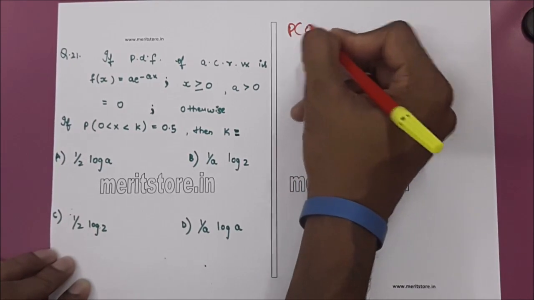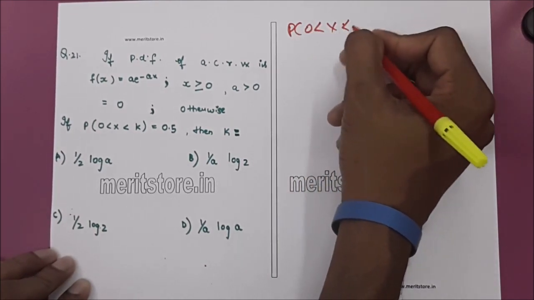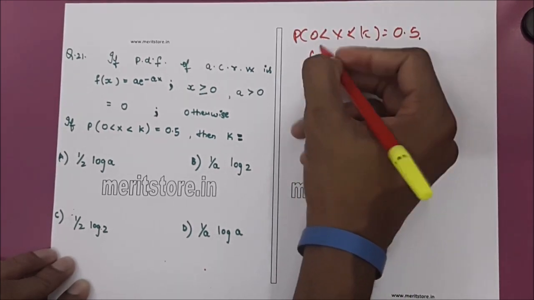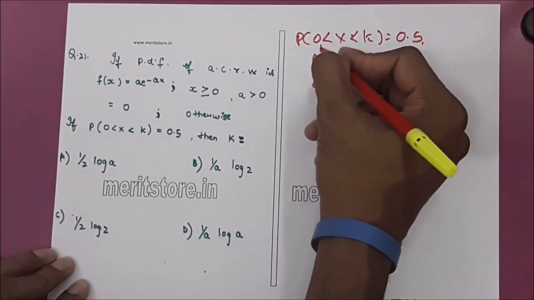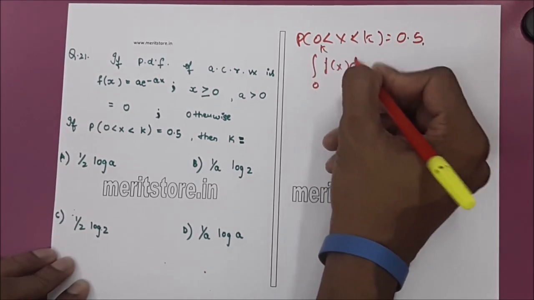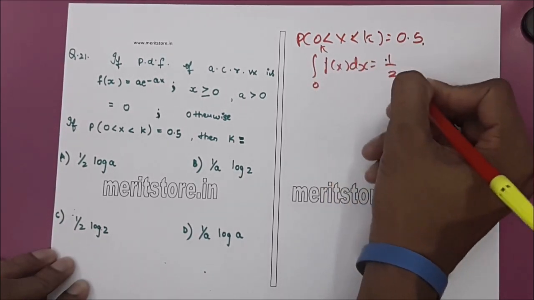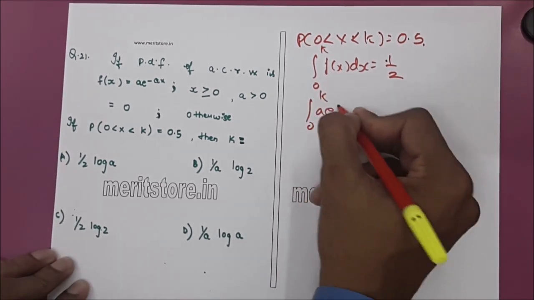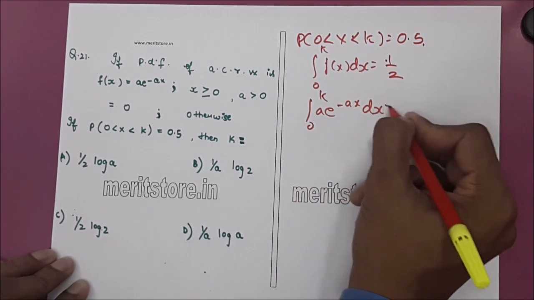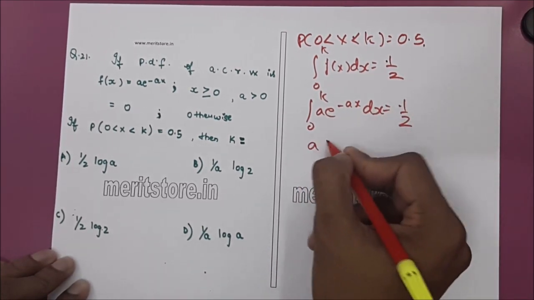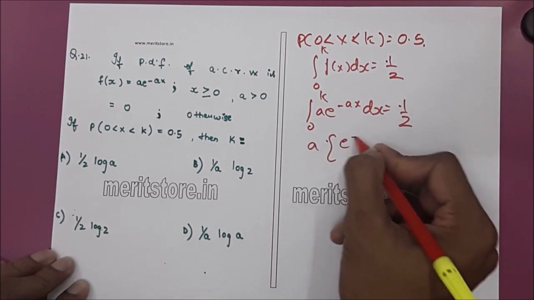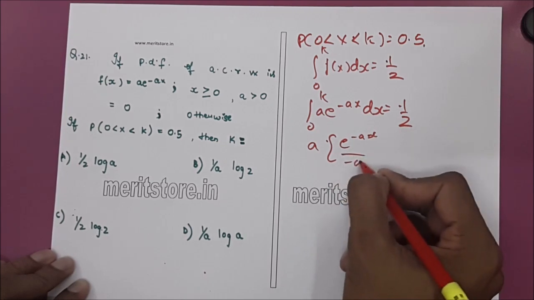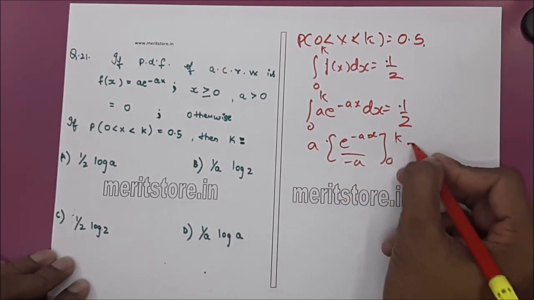So we have x from 0 to k, that is 0.5, which means we integrate from 0 to k the function fx dx equal to half. We substitute the value of fx, we get a e raised to minus ax dx equal to half. We integrate, we get e raised to minus ax upon minus a from 0 to k, equal to half.